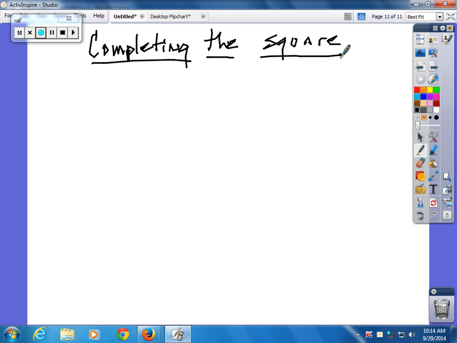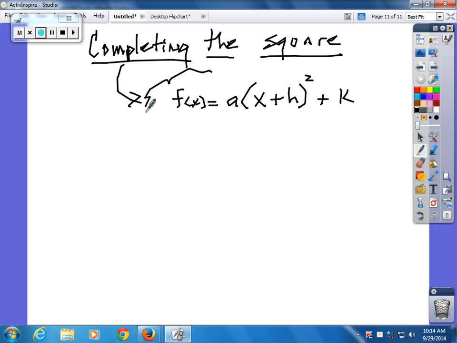It gives you f of x is equal to a times (x plus h) quantity squared, plus k. It gives you this form, so you'll know what the parabola looks like.